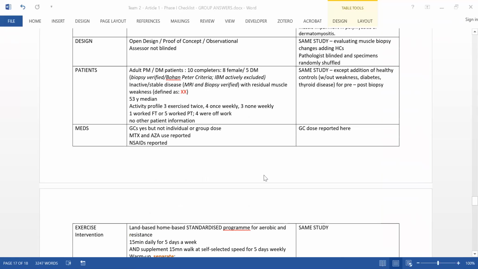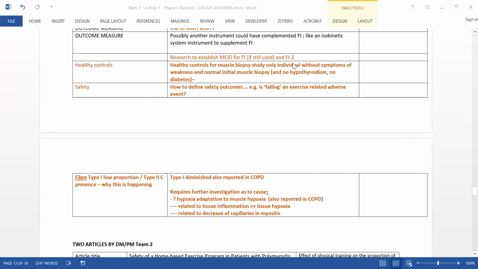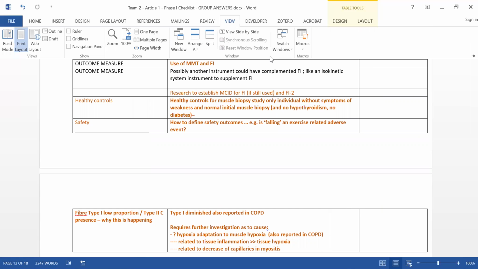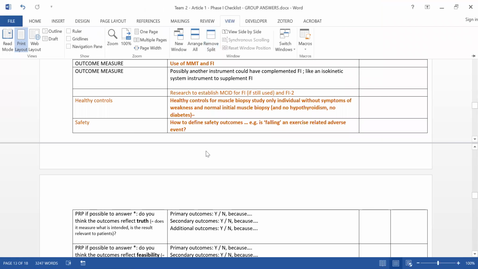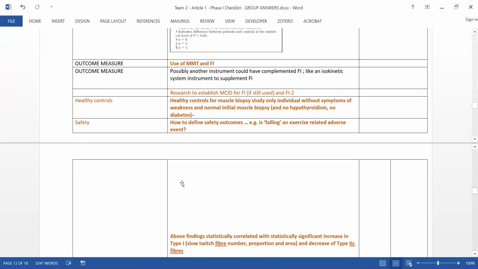But what I did is I cut and paste just from my group's template up here. And the easy way to do that is by going into view, and then go to split screen, and then you put the split screen here.